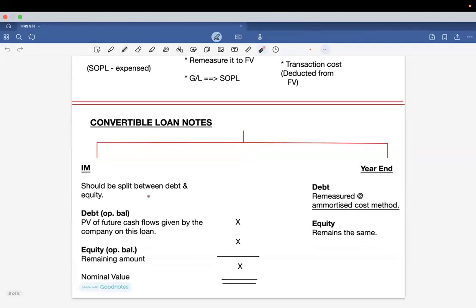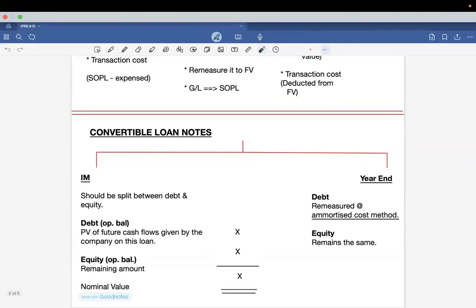Initially, we are going to split it between debt and equity, because it is in the hands of the investor whether or not they decide to make it equity. That means the person buying your loan notes has the right to exercise the equity option.